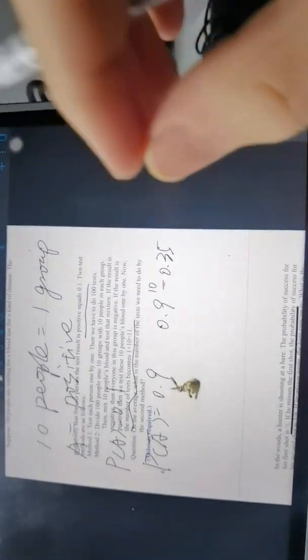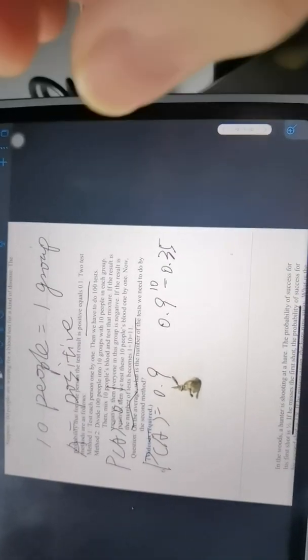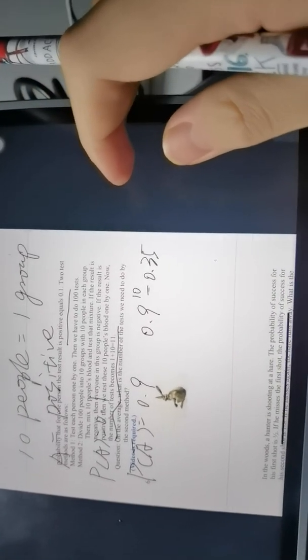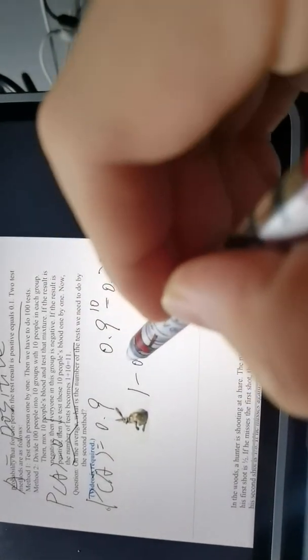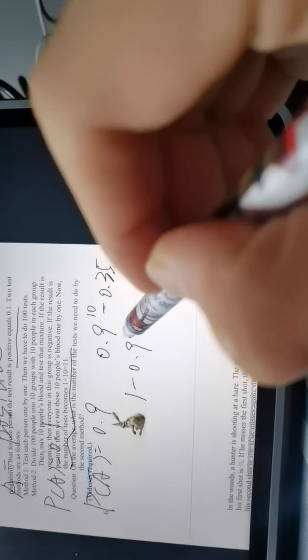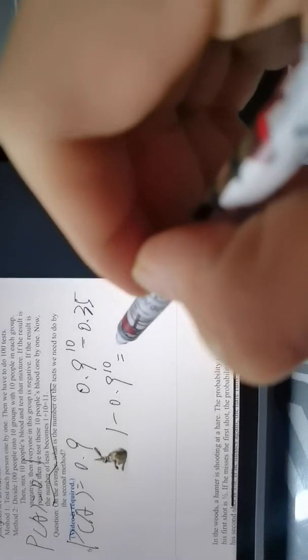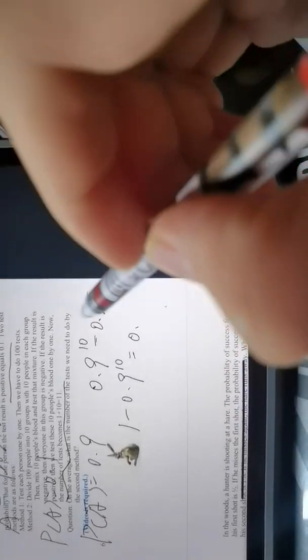For the other events, from only one person positive to all the people positive, we say that at least one person is positive. The probability is 1 minus 0.9 to the power of 10, which is 0.65. Yes, it's 0.65. And this is for one group.